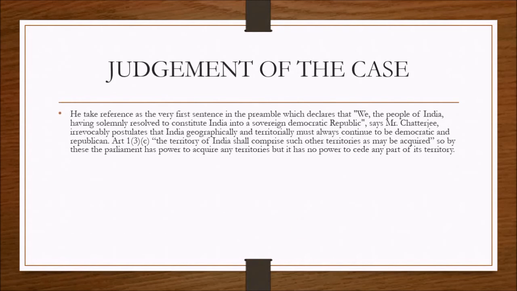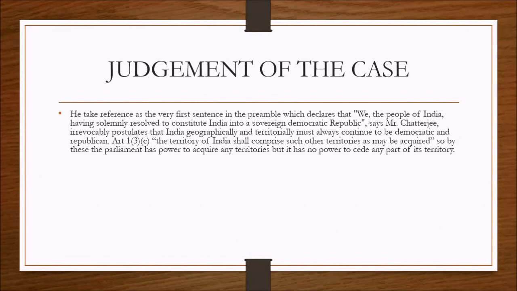Mr. Chatterjee took reference to the very first sentence in the preamble, which declares, "We, the people of India, having solemnly resolved to constitute India into a sovereign democratic republic." That India geographically and territorially must always continue to be a democratic republic.